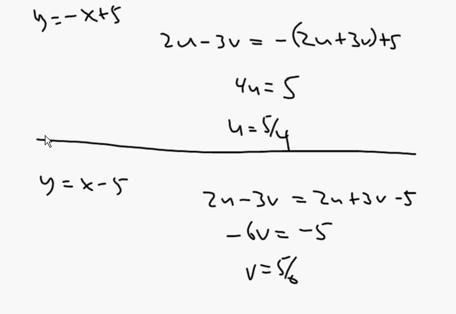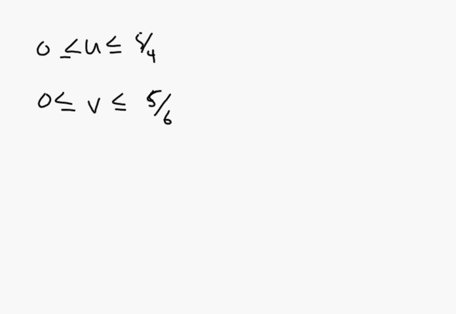So pretty nice limits of integration here. What can we say in summary? What we just found out is that u is always between 0 and 5/4, and that v is always between 0 and 5/6. Right, so we're ready to rewrite our integral.